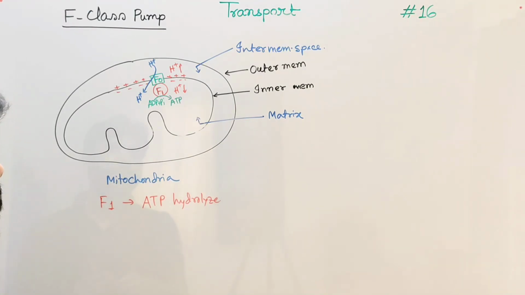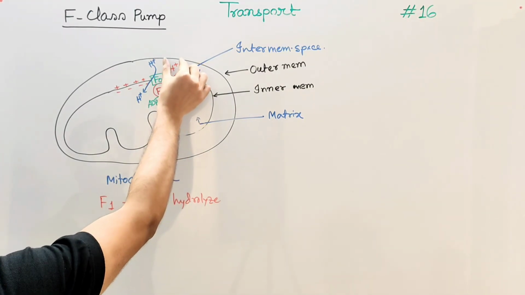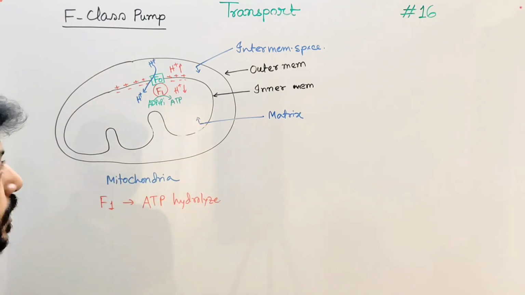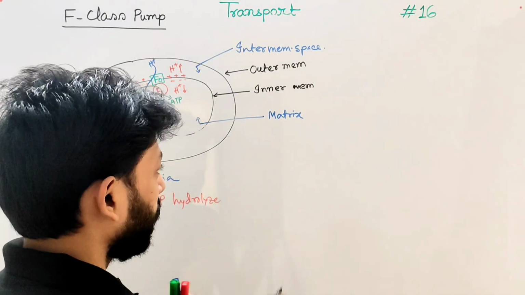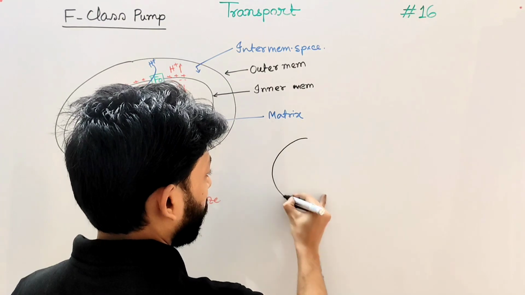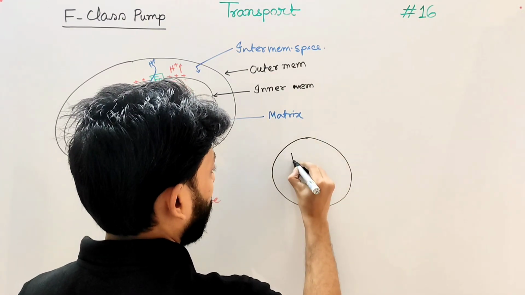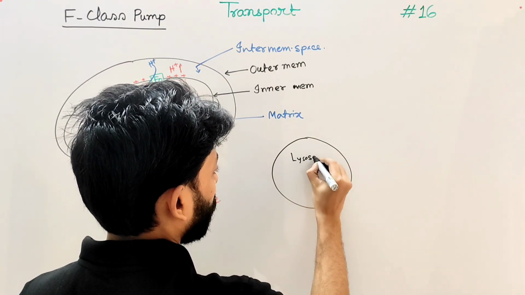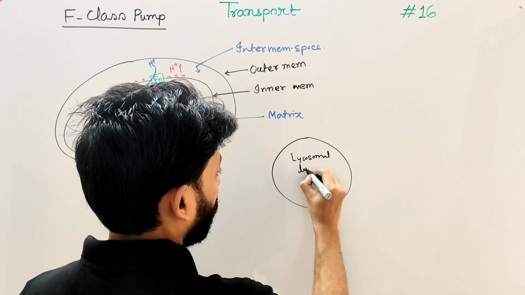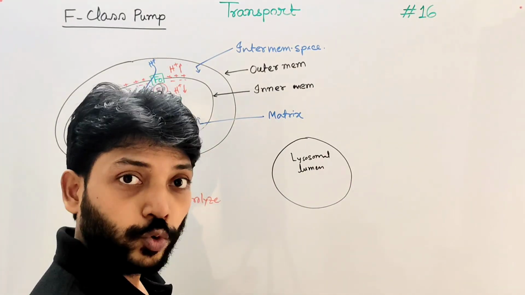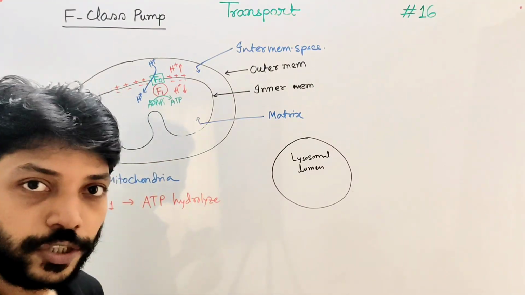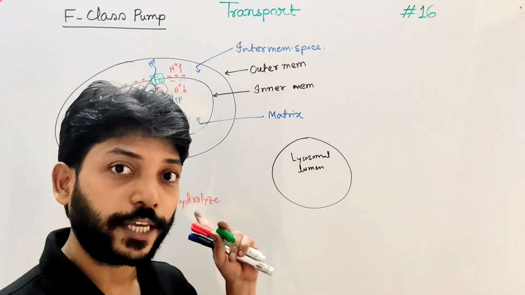Now here what is happening, the protons are moving from higher to lower concentration and it generates ATP. But in case of V class pump, suppose this is the lysosome, so this is the lysosomal lumen, and V class pump also has these two subcomplexes. Basically the structure of the V class pump is very similar to the F class pump.